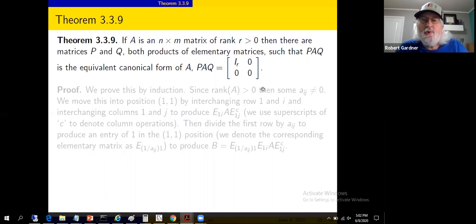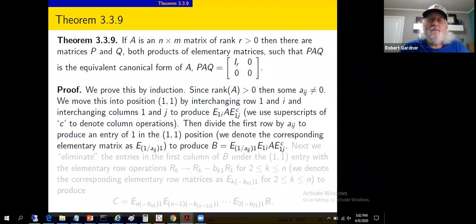All right, so what we're trying to do here is take matrix A and do some stuff to its rows and columns to produce, we've got a little identity matrix up here. So we have ones along the diagonal from the 1,1 entry to the R,R entry. We have zeros everywhere else. That sounds a lot like some row reduction stuff. Okay, so we're going to prove this by induction.